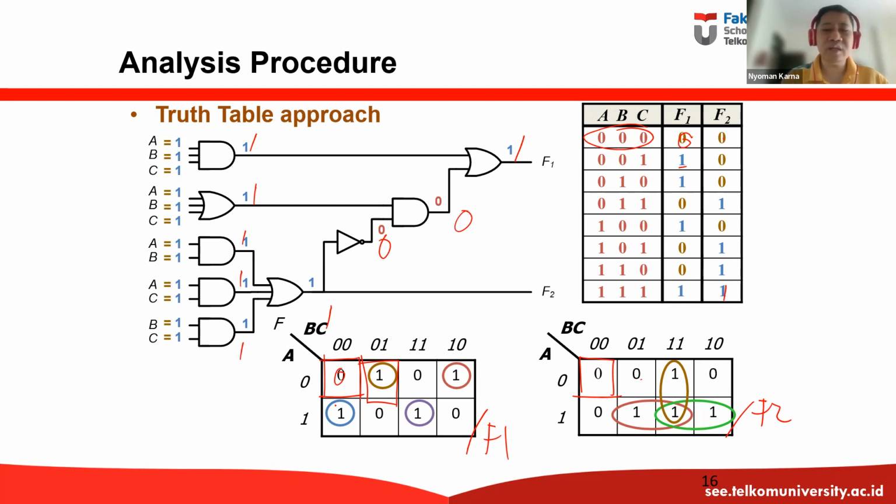So the F1 is this group, plus this group, plus this group, and plus this group. So it's actually A, B naught, C naught, plus this one is A naught, B naught, C. This one is A, B, C. This one is A naught, B, C naught.